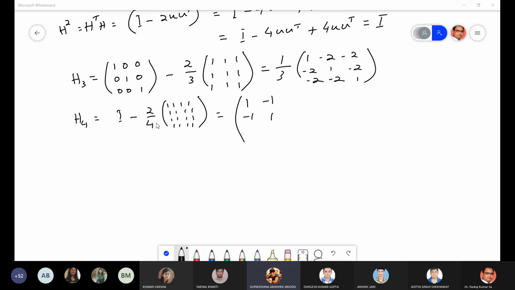Take 1 by 2 common, sir, all diagonal 1s and remaining all minus 1s. Diagonals will be 1, non-diagonals minus 1, 1 upon 2 common.